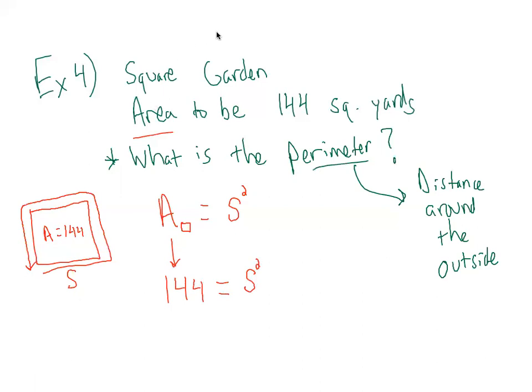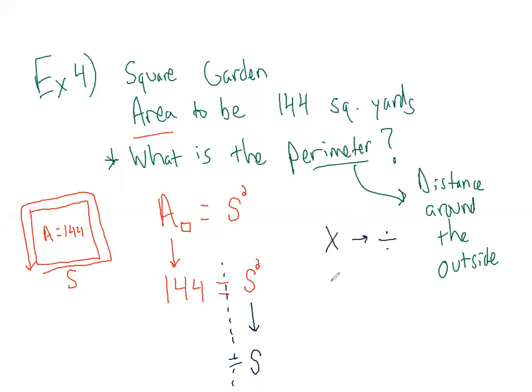Okay. Big thing here is to remember that this is algebra, right? Now we want to solve for a variable. We want to get it all by itself. So we want to get from s squared to s because we want to know what s equals, right? How do we get rid of a square? We have to do the opposite, right? If this were multiplication, we would do the opposite, division.